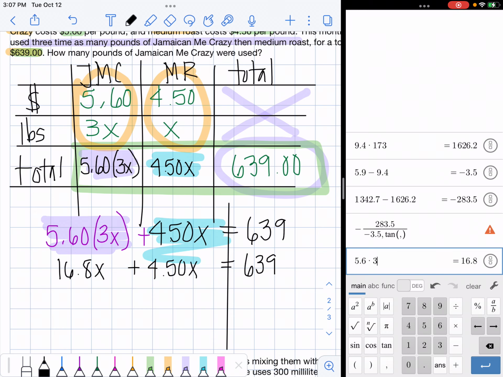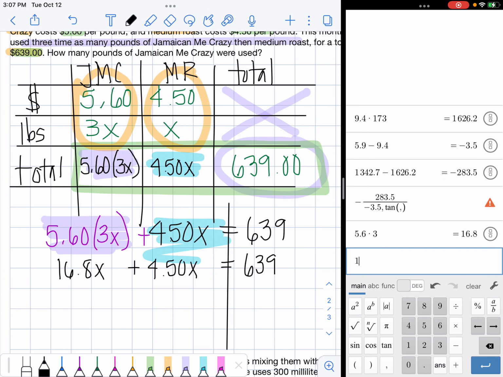So I have 16.8 plus 4.5 gives me 21.3. So I have 21.3X is equal to 639. And then I have to get X on a side by itself. To do that, I have to divide by 21.3 because I have to cancel out the multiplication.